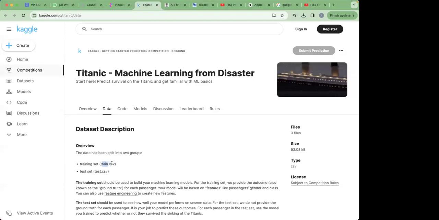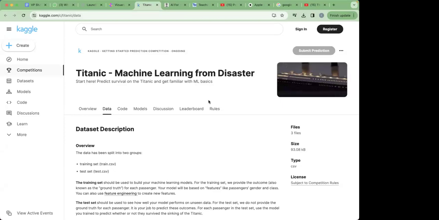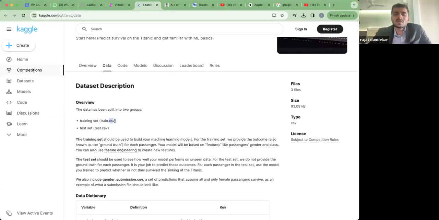It will have a CSV file, which will have a training data set. This is a website which has a pretty good repository of data. However, what to do after getting the data, they have not mentioned on this website. It is a comma separated values file, so it can be downloaded and opened in Microsoft Excel.